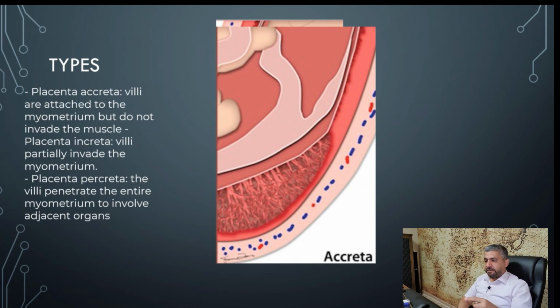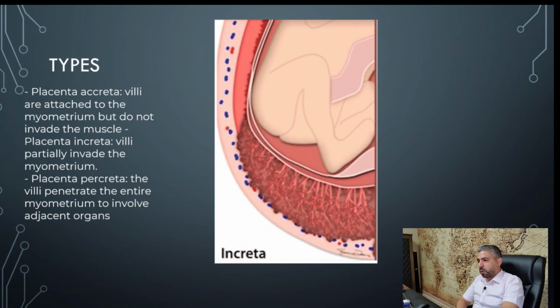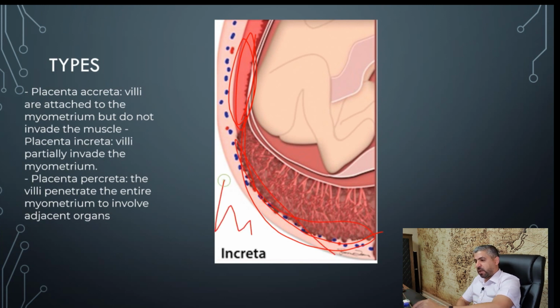Okay? If the villi are starting to invade the myometrium, but not invading the surrounding tissues, like here, you can see the villi are invading, this is the normal myometrium, while here they are invading the myometrium completely, but not the surrounding soft tissue. This is placenta increta, okay?